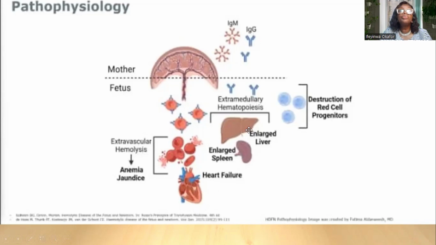And in doing so, the baby becomes weak, becomes anemic, becomes hydropic. Some blood group systems like the Kell blood group system go the extra mile of not just destroying the red blood cells, but also targeting red blood cell progenitor cells, and in doing so, they destroy the already formed red blood cells and also stop new ones from being formed, causing severe anemia.